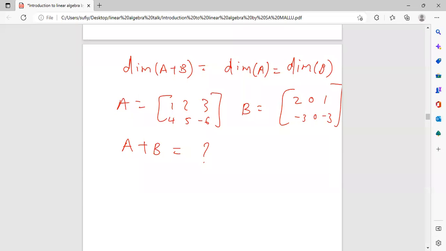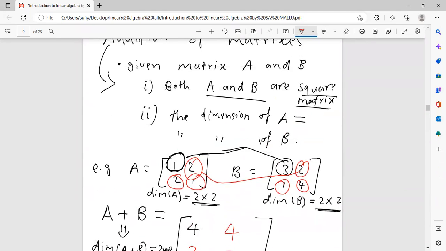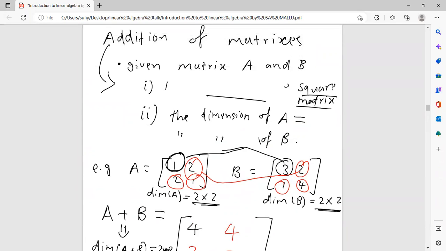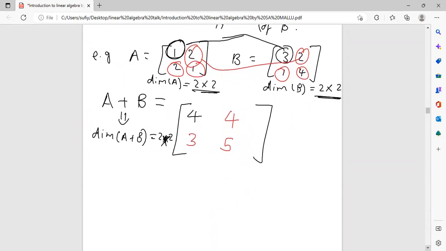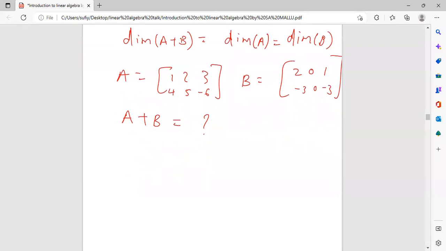We can still add them component-wise. I was confusing myself with the multiplication. So this condition is not a must. The condition that is a must is that the dimensions have to be the same, okay? Whenever we're adding two matrices, the dimensions of the two matrices have to be the same. Sorry for that. It's not necessarily a square matrix.